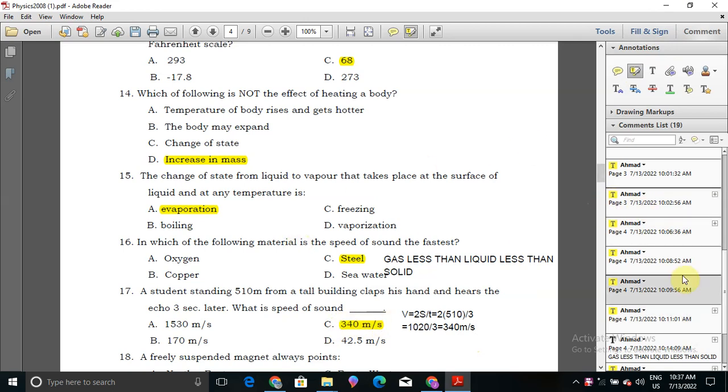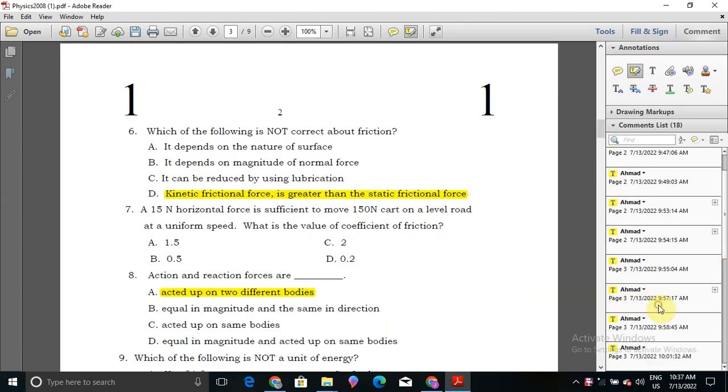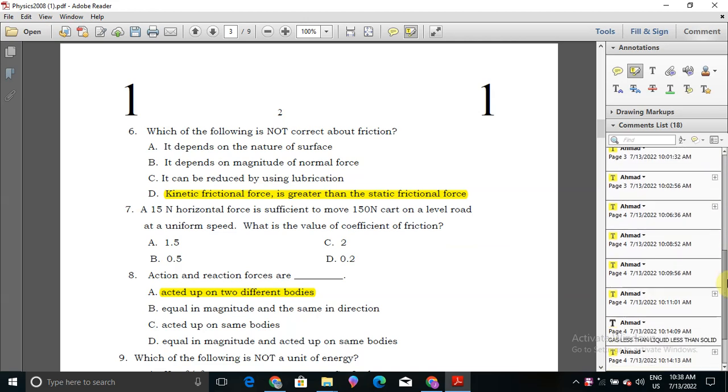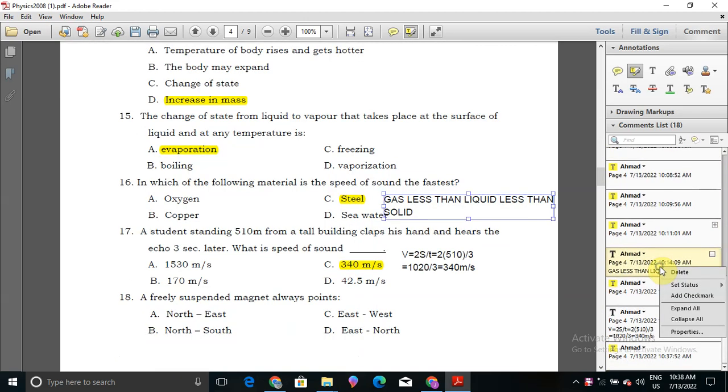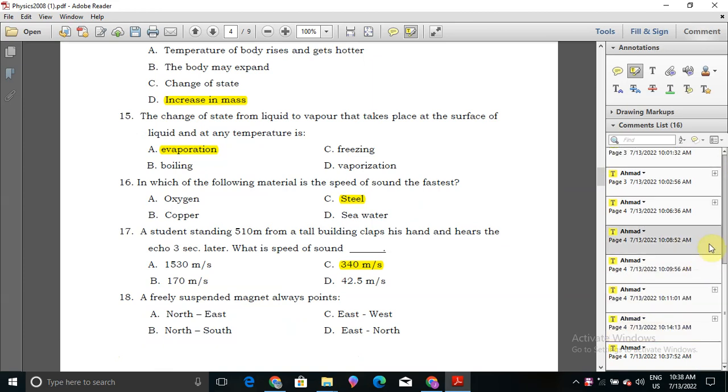Okay, now in question number 18 it says, a freely suspended magnet always points what? Northeast, north-south, east-west, or east-north?